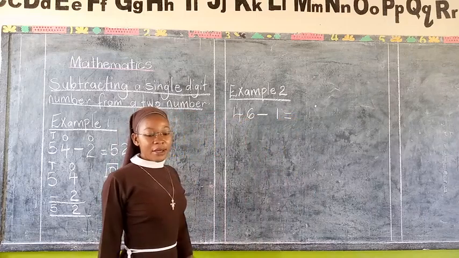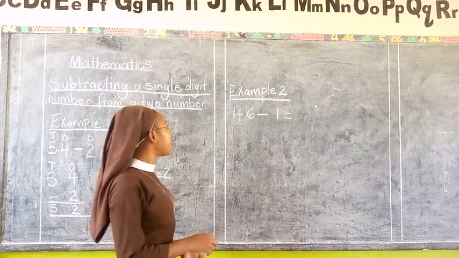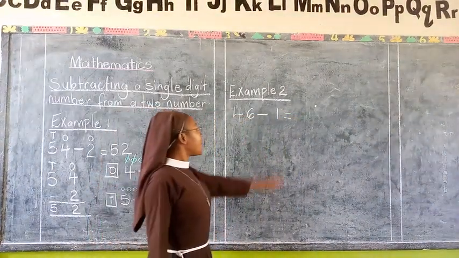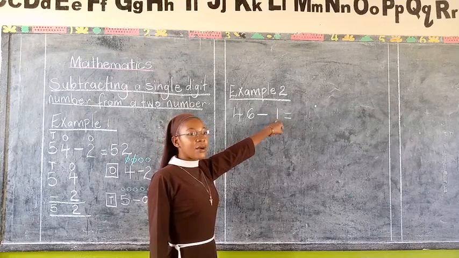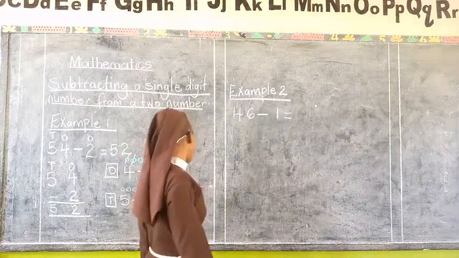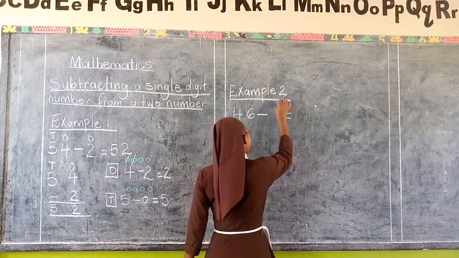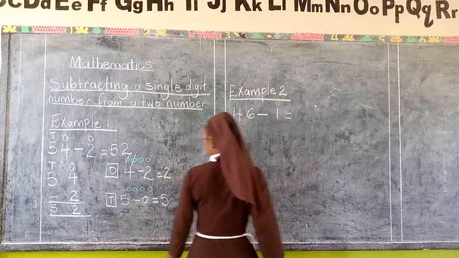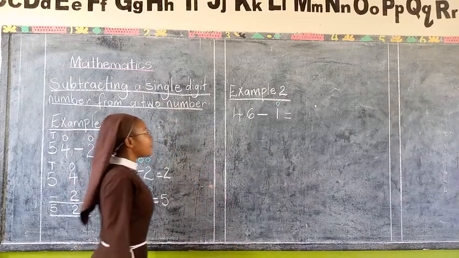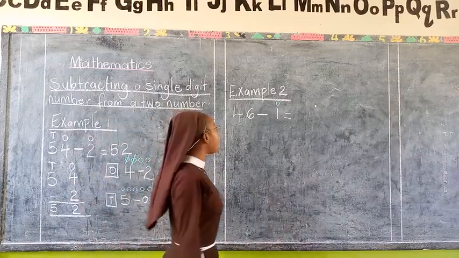We said we begin with marking the place values. And we said this one is a single digit number. So what are we going to write here? Letter O. We come to the next place value. How many digits does it have?